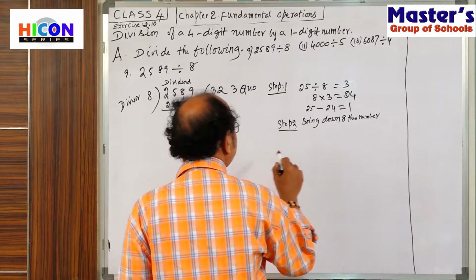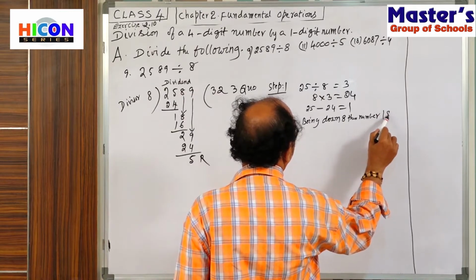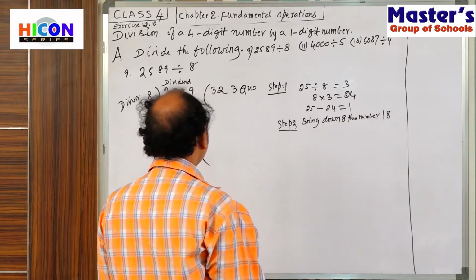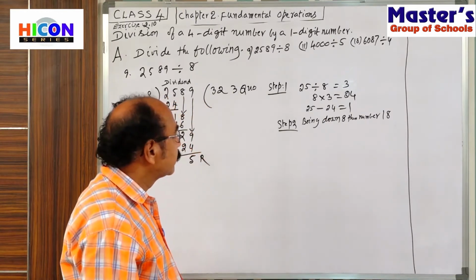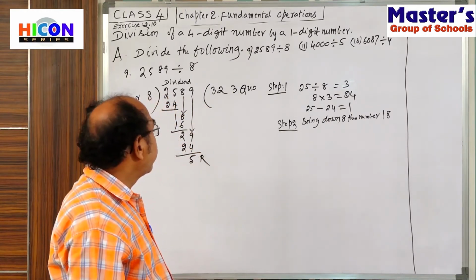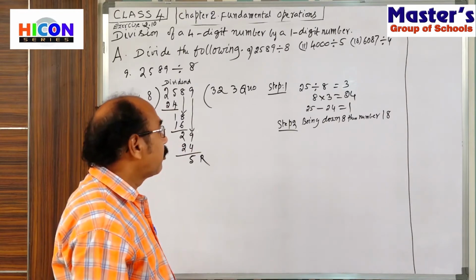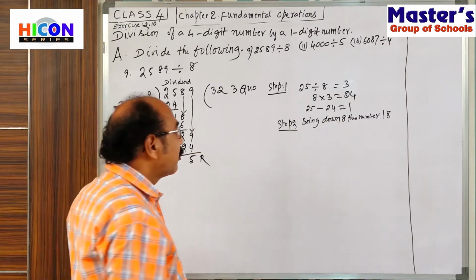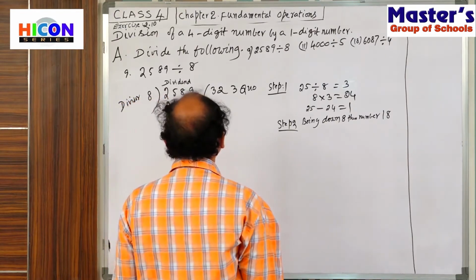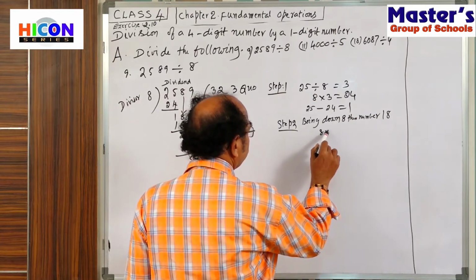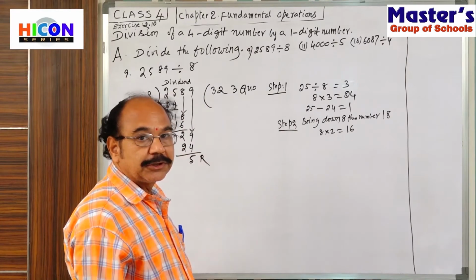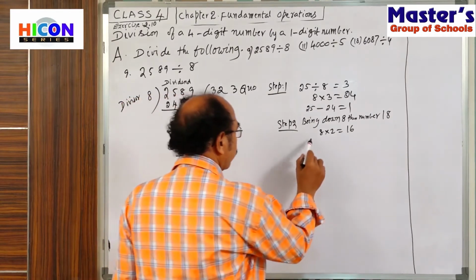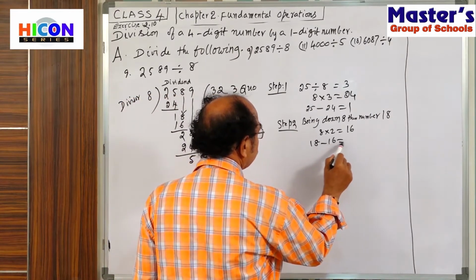What is the next dividend? 18. Now divide 18 and subtract. How many times here? 2 times. 8 2s are 16. Subtract: 18 minus 16, 2.